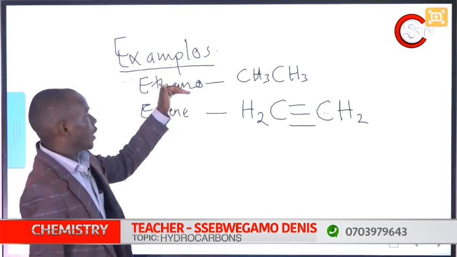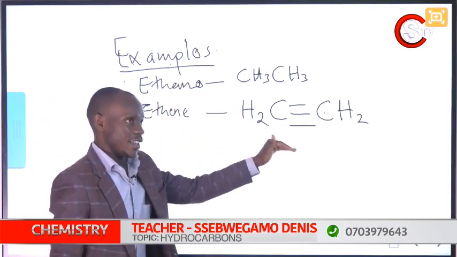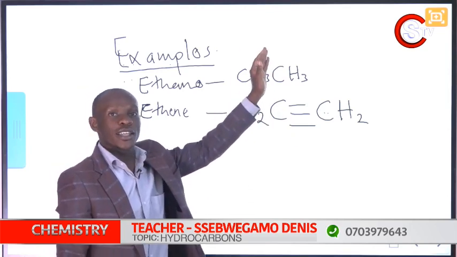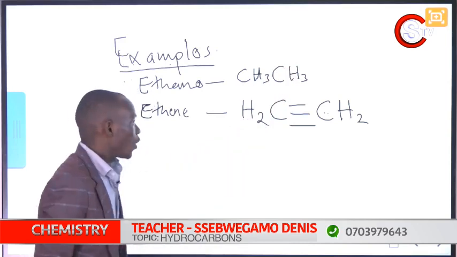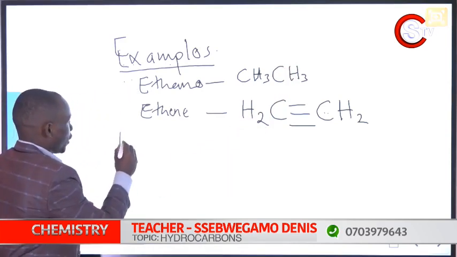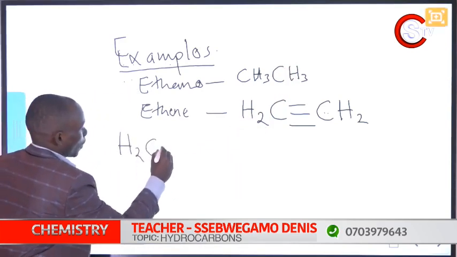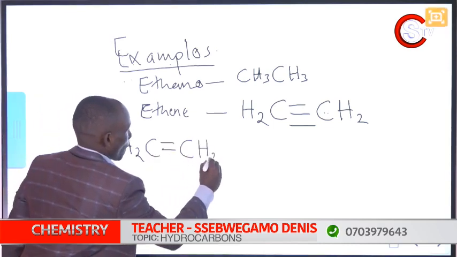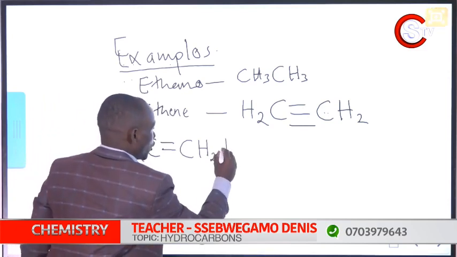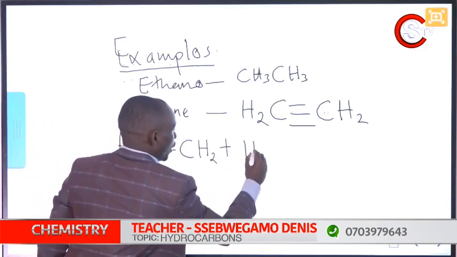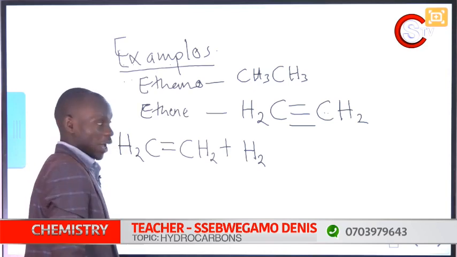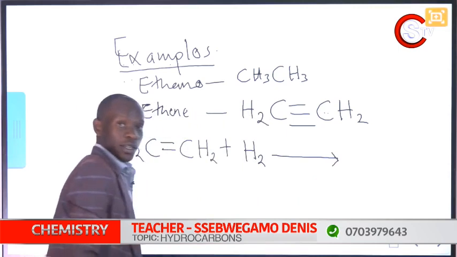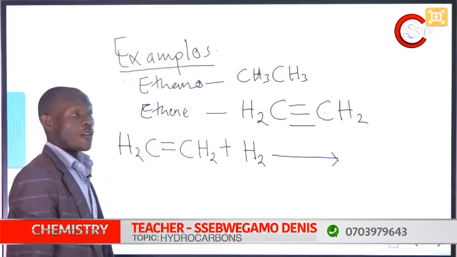So if I'm going to form ethane, I need ethene, and I add hydrogen onto ethene to get ethane. This reaction takes place in presence of a metal catalyst.